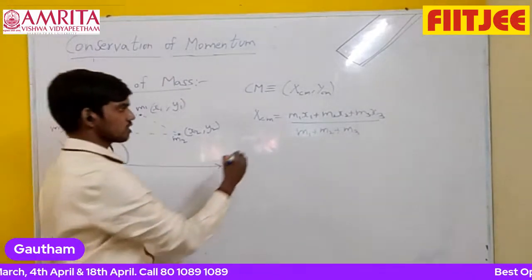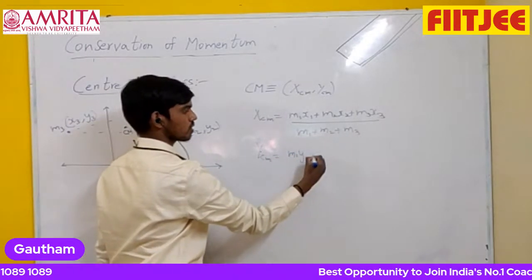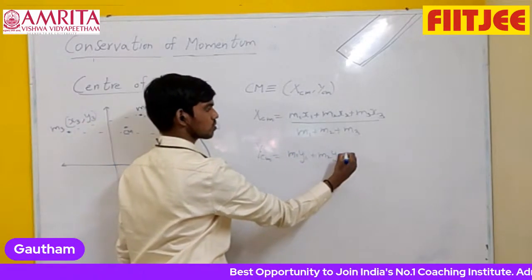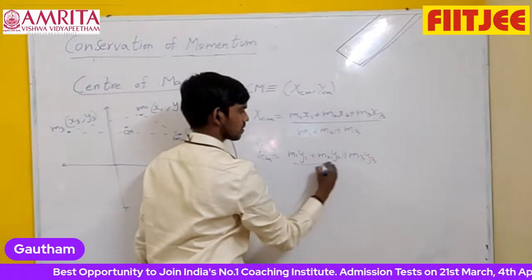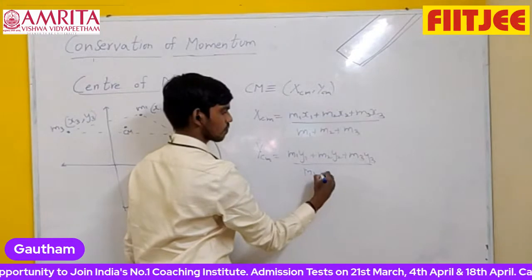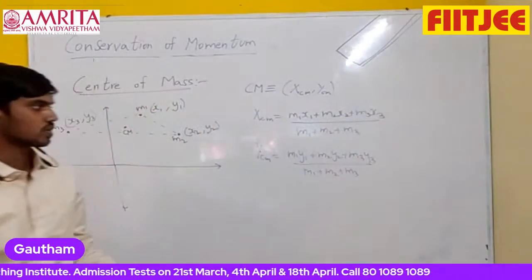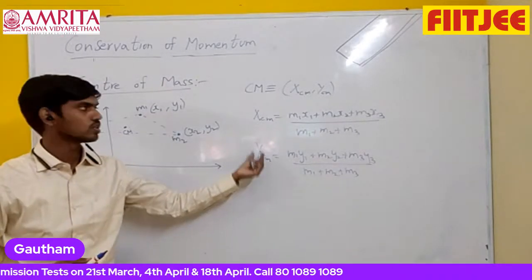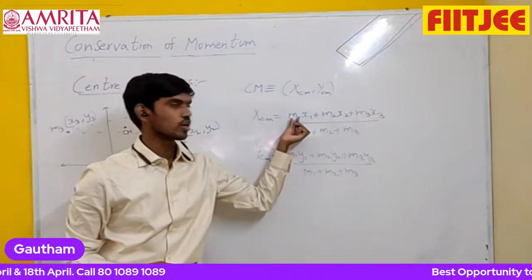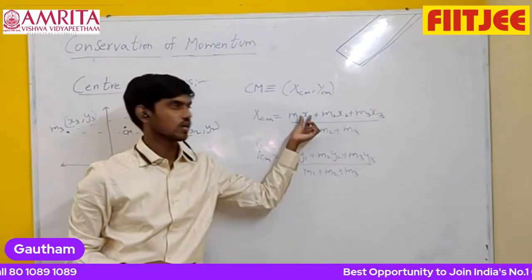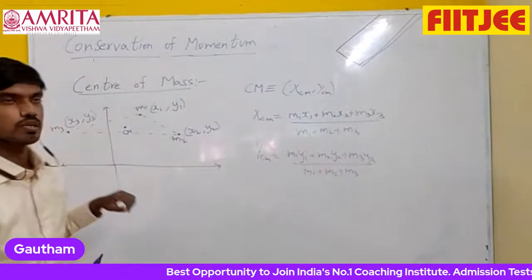Similarly, ycm equals m1 y1 plus m2 y2 plus m3 y3, divided by m1 plus m2 plus m3. This is the y coordinate of the center of mass. So for both the x and y coordinates, the formula is the sum of the product of mass into location, divided by total mass. This is how we define center of mass.